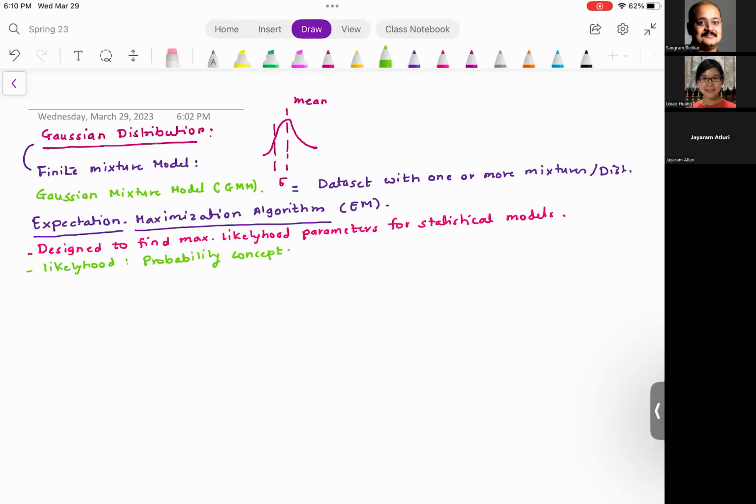If you take probability theory, they will talk about likelihood all the time. Now, this algorithm tries to find the parameters, and it is important to understand that these parameters cannot be directly found.